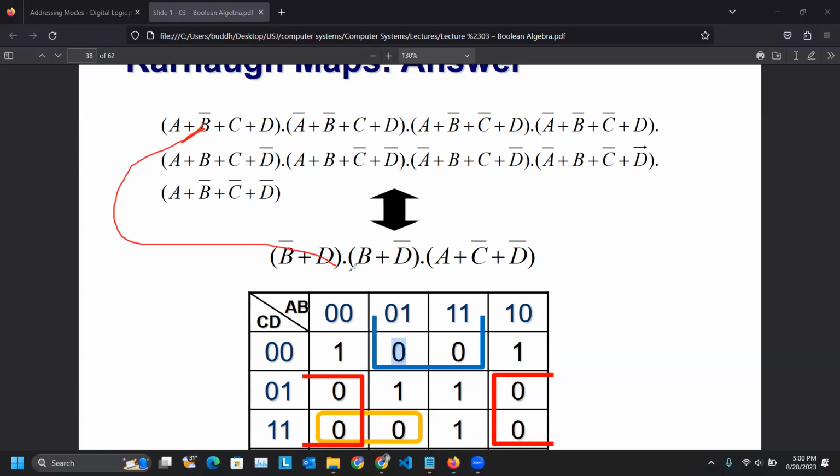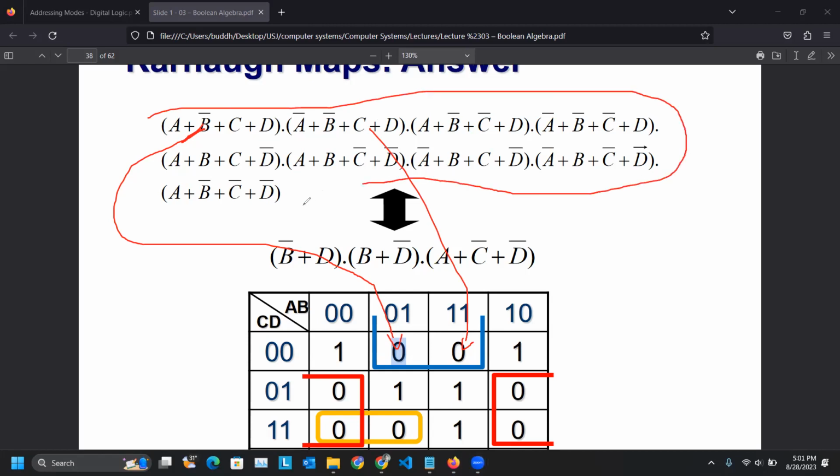This first represents this 0, and this one A bar plus B bar plus C plus D. So A B is this one, and C bar D bar. So this one represents here. Likewise, this whole expression can be simplified into this simple expression.